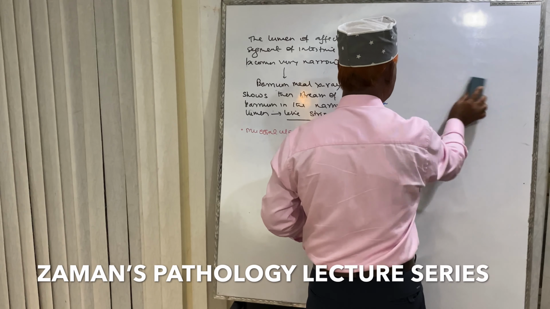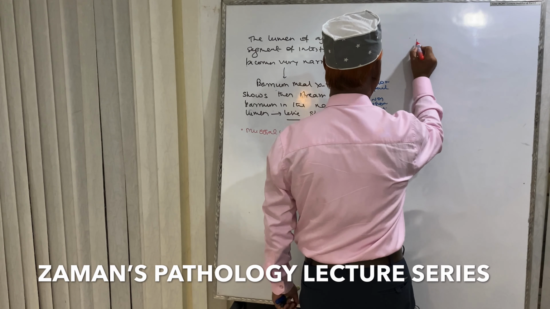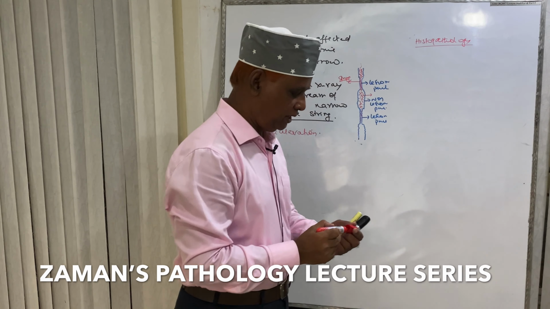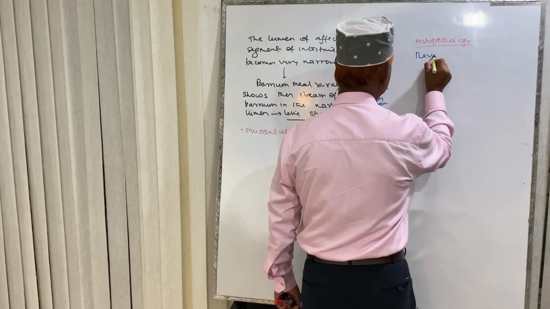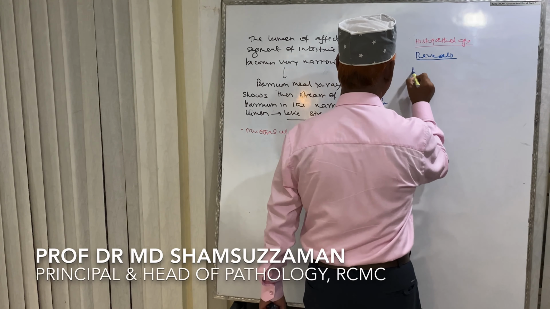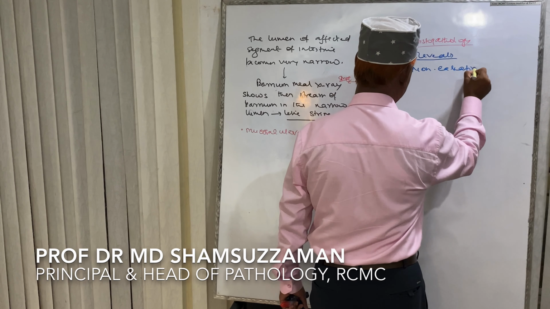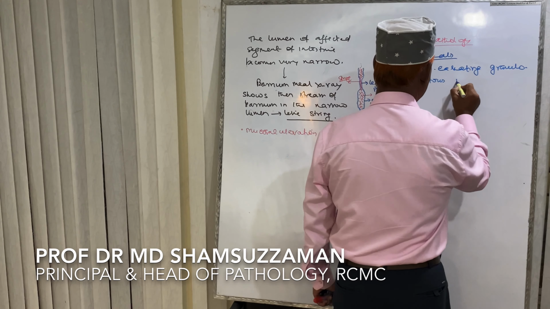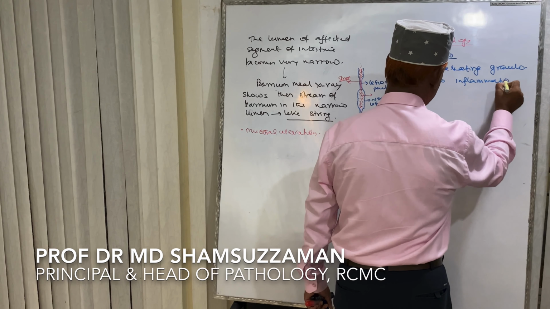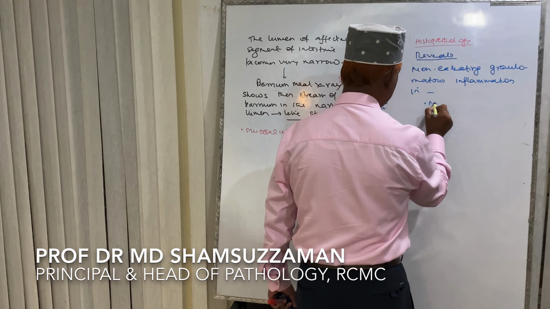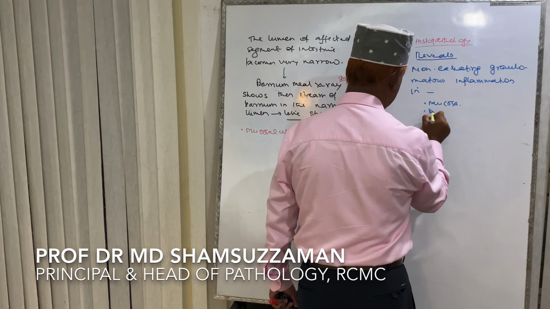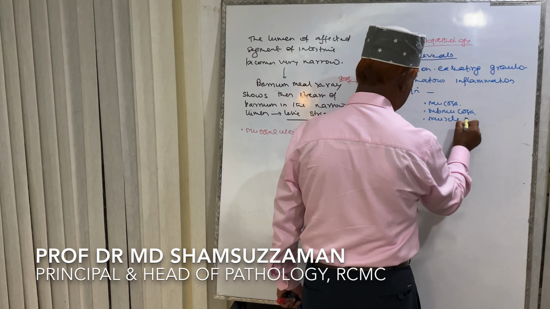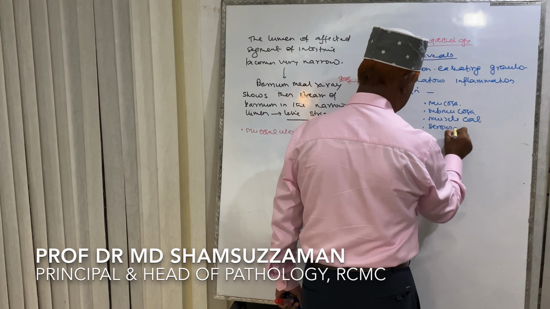Now come to histopathology of Crohn's disease. Histopathology reveals non-caseating granulomatous inflammation in mucosa, in submucosa, in muscle coat, in serous coat.